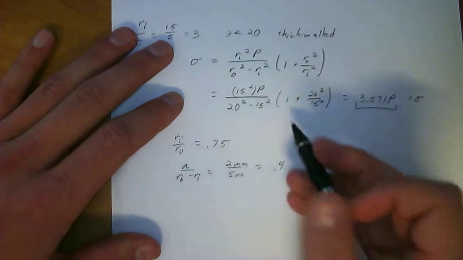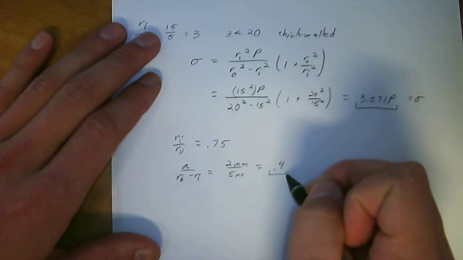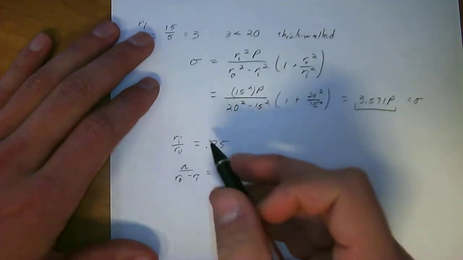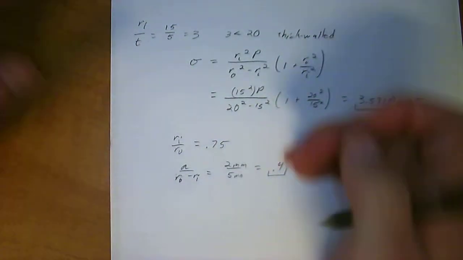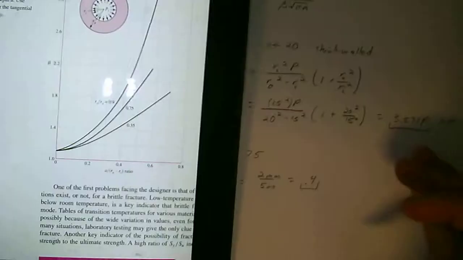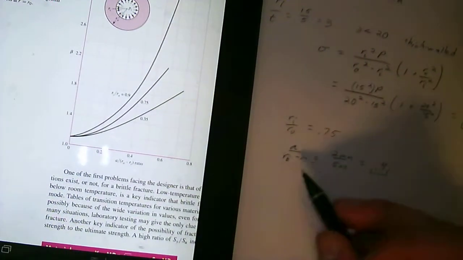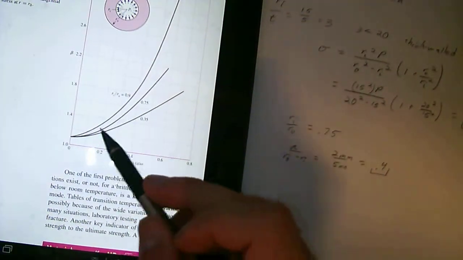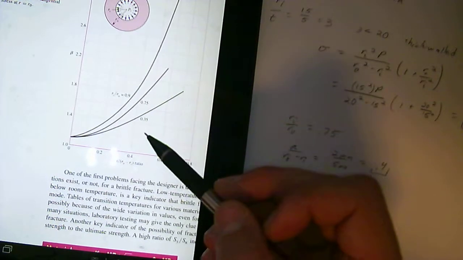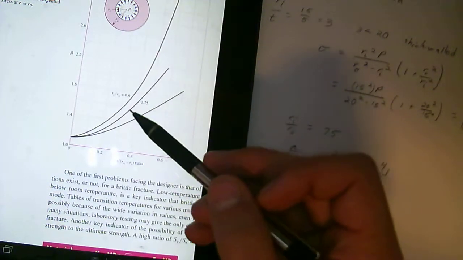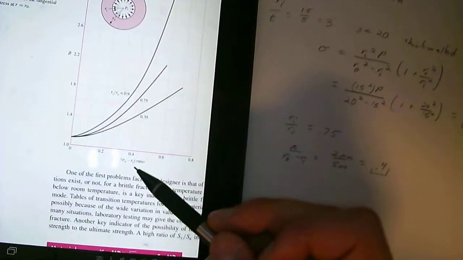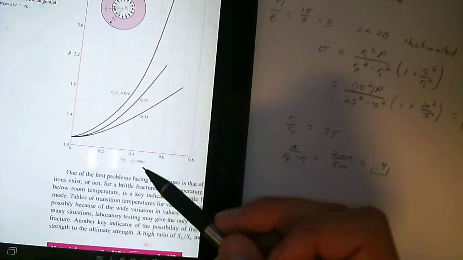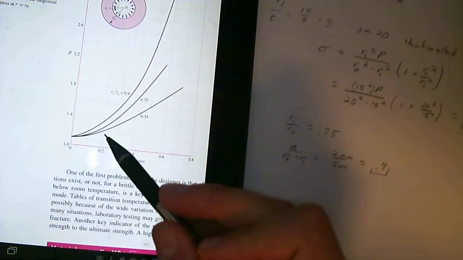Sorry if I'm not showing all my units on all of these, but they cancel out every time, so it doesn't really matter. Okay, so then using these two values, we have r_i over r_outer, which is one of these lines. In this case, it's 0.75, so we're going to be using this line. And then we have a over r_outer minus r_inner as 0.4.